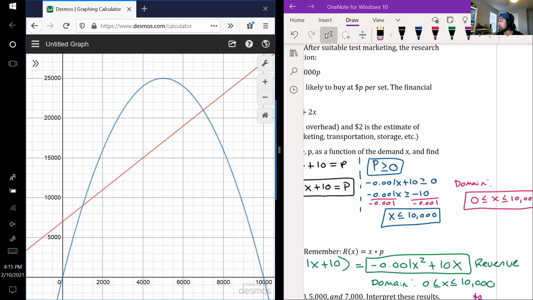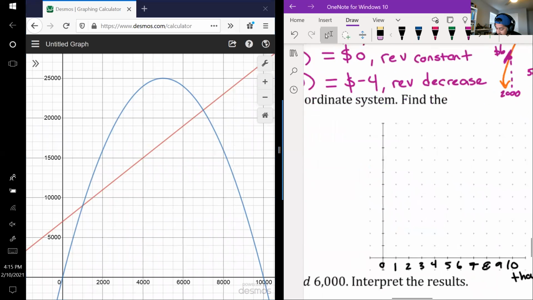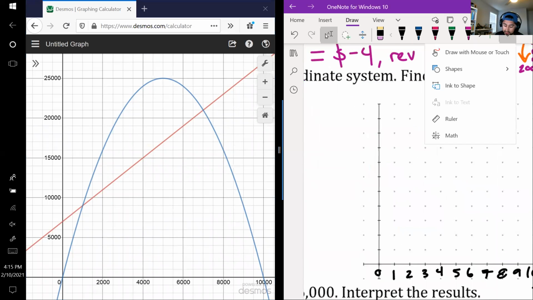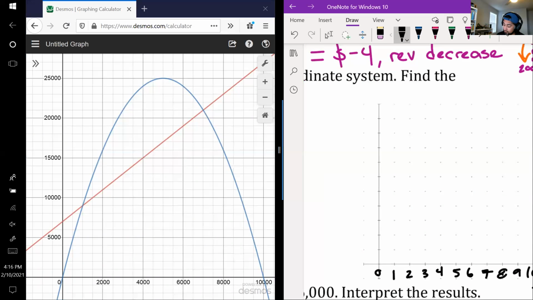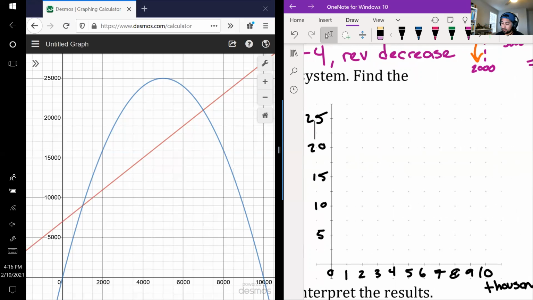So now looking at my y values, I can come back to this sketch of a graph we have. And since it goes up to 25,000, I'm just going to say go by fives. This will be 5, 10, 15, 20, 25. And now I'm going to sketch this graph based on what I just did on Desmos.